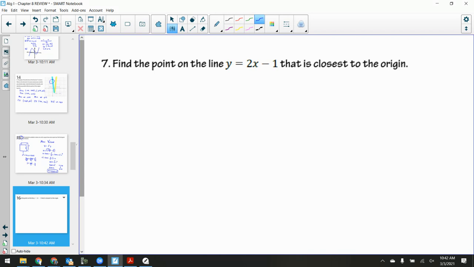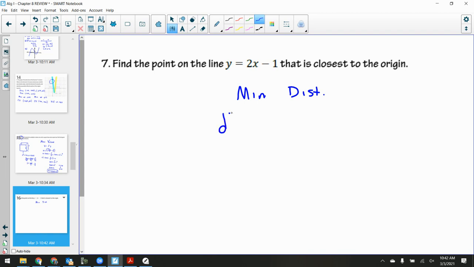All right. So I want to find the point on the line y = 2x minus 1 closest to the origin. That means the distance is what's going to be minimized. Min distance.